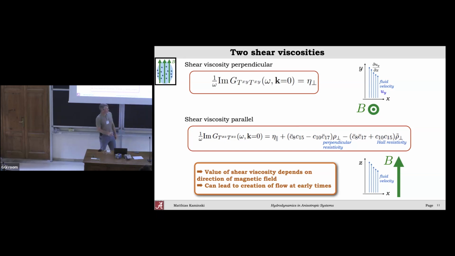So the value of the shear viscosity depends on the direction of the magnetic field. The Kubo relation depends on the direction of the magnetic field, and this can lead to the creation of flow at early times. That's a claim that I have to motivate. So as far as I understand the Bayesian analysis, all the analysis that people are performing to analyze the data is assuming isotropic shear viscosities.